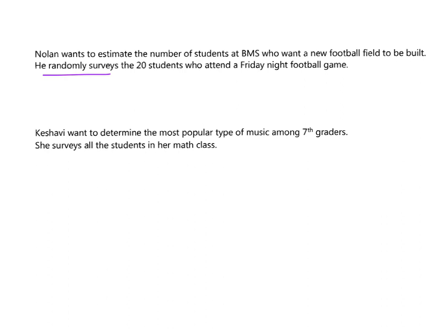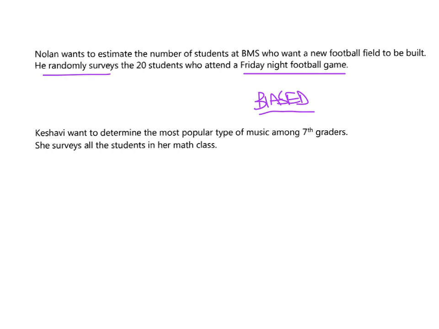However, because he's surveying students that are already at a football game, we would consider this sample to be biased. Now, it doesn't necessarily mean that because they're at a football game that they would be in favor of building a new field. However, it does increase the likelihood of them being in favor of a new field. So because this is not conducted at a neutral site, we would say that Nolan's survey is biased.